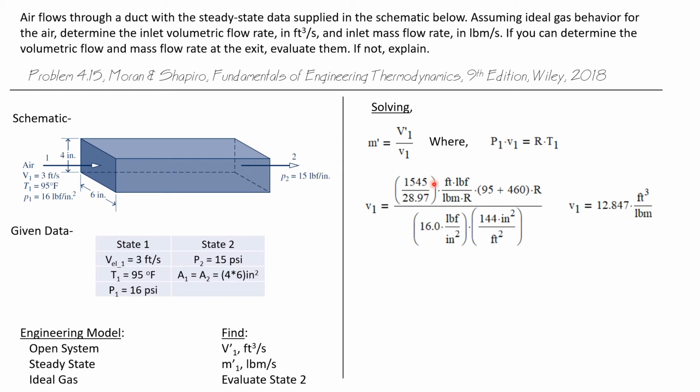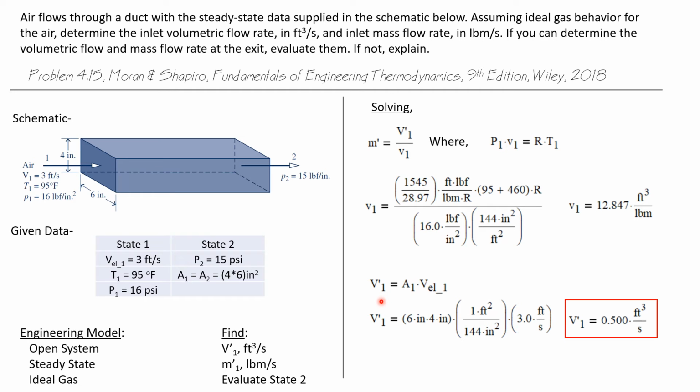That is the gas constant, which is the universal gas constant of 1545, divided by the molecular weight of 28.97, yielding units of foot-pounds force per pound mass R. We're going to multiply by the absolute temperature, which is 95 degrees Fahrenheit. We must add 460 to that to get Rankine degrees. We're going to divide by the pressure, which is 16 pounds force per square inch, and we'll convert square inches to square feet. And we calculate that the specific volume at the inlet is 12.847 cubic feet per pound mass.